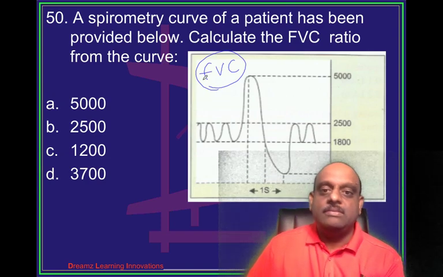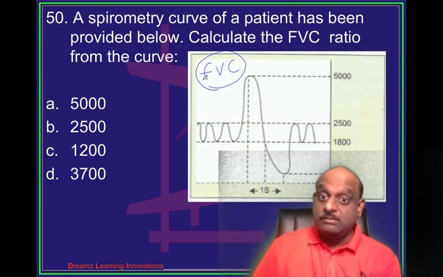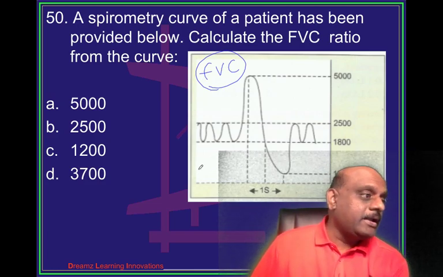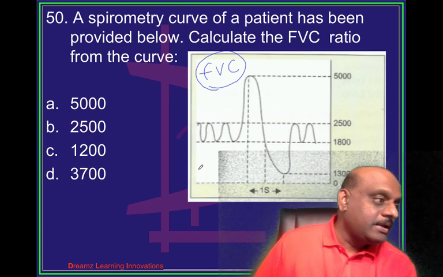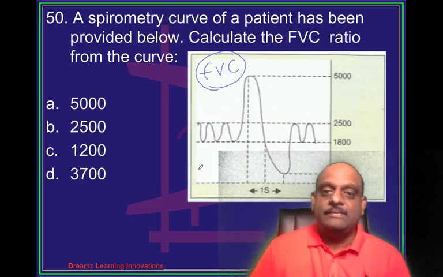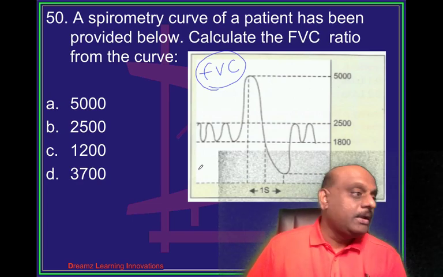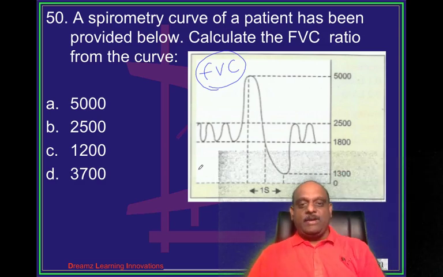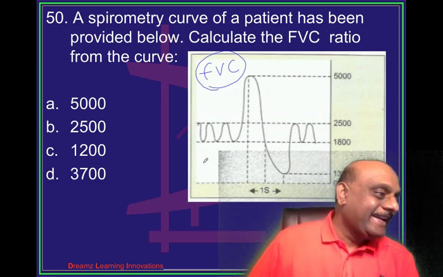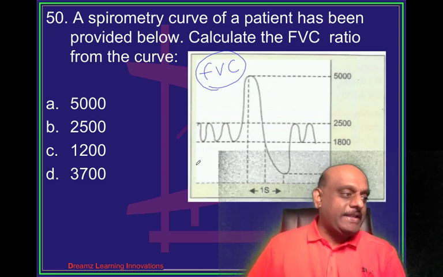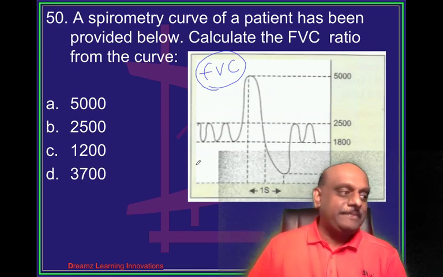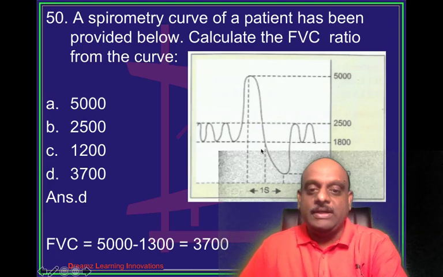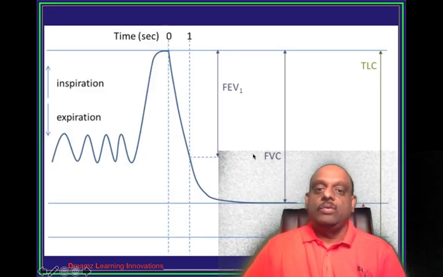Anurag is saying 5,000. Okay. And Jyoti says C, 1,200. Okay. Then Manoj Shinde, Arsad Musa, Rizwana Ali, Navya Teja. So you should remember, doctor, that what is FVC?